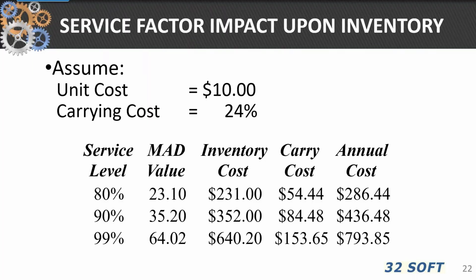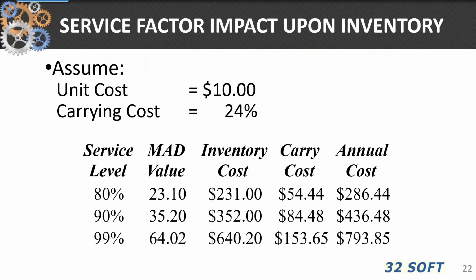There's no reason to carry safety stock to provide a 50% service level, because demand is just as likely to be less than forecast or greater than forecast, and safety stock is only needed to compensate for demand which is greater than forecast. It is impossible to carry enough safety stock to ensure a 100% service level, because there's always a slight chance that demand will be greater than the safety stock.